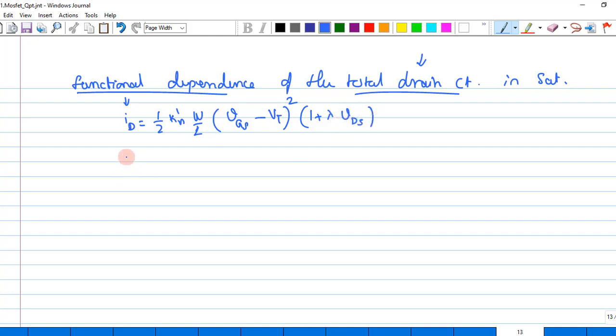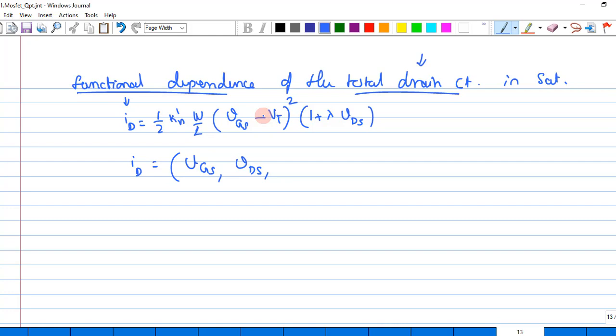Now, when I say functional dependency, the value of ID is functionally dependent on terms like VGS, VDS, and even the VSB. Now, you might wonder how this VSB would affect my ID. Any guess? VSB is nothing but the potential difference between the body and the source. And does the current ID depend on it?